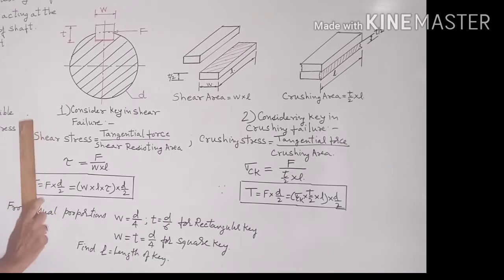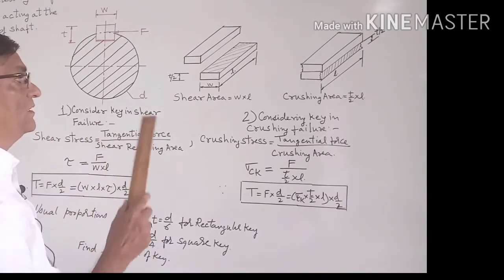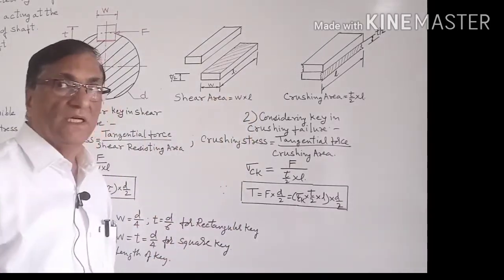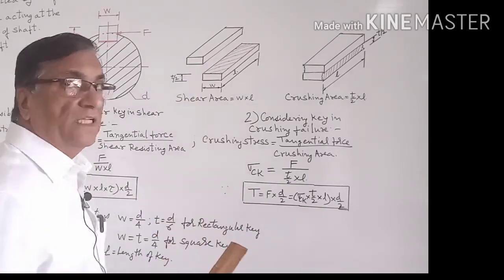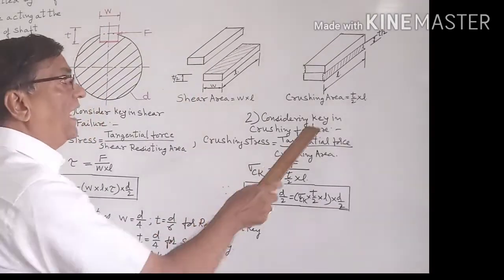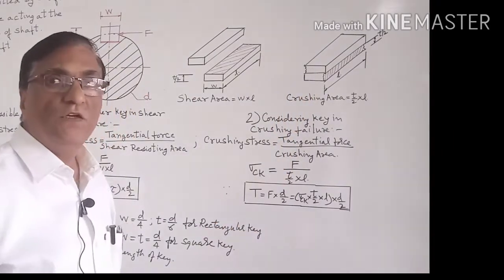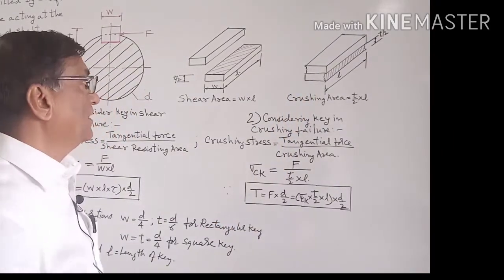Now we will study the different failures, shear failure and crushing failure. This figure shows the shear failure of the sunk key and this figure shows the crushing failure of the sunk key.